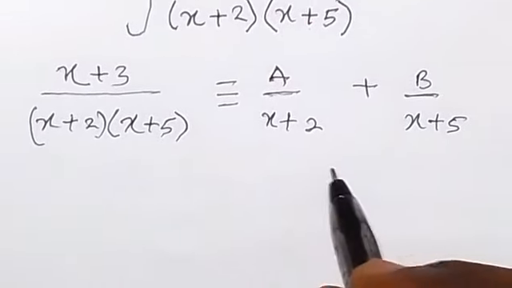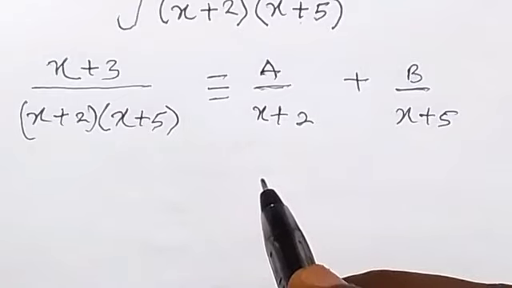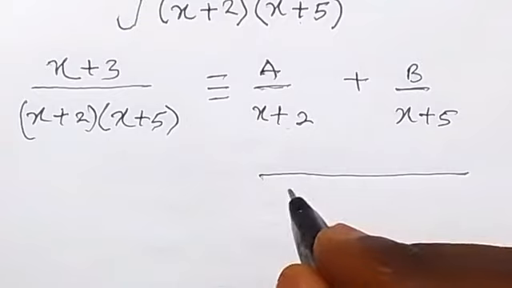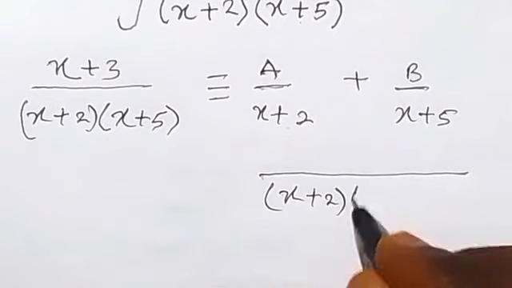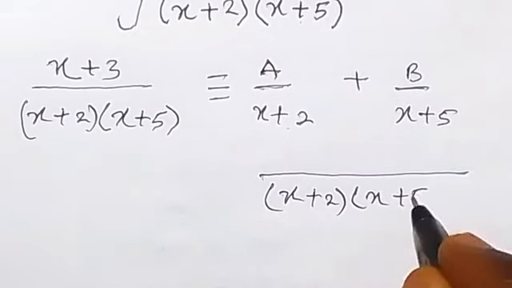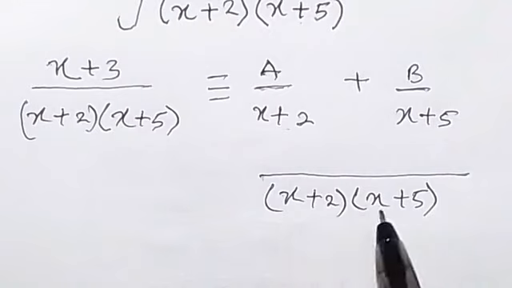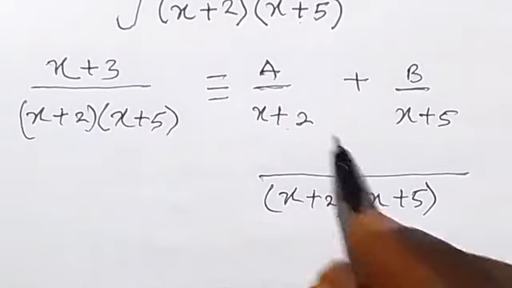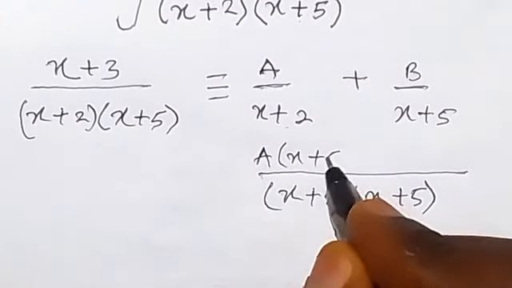So now we can solve this fraction on the right hand side, since the LCM will give us the product of these two, which is (x + 2)(x + 5). From there, x + 2 goes, remain x + 5, then times a, that's a times (x + 5).